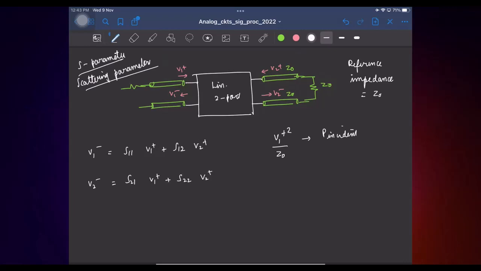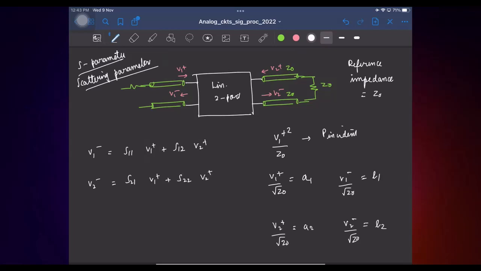So instead of relating V1 plus and V1 minus like this, people often take these quantities, V1 plus by root Z0, V1 minus by root Z0, because if you square it, it directly gives the power. Okay, and they call these, I think, a bit confused, this is A1, A2, B1 and B2.